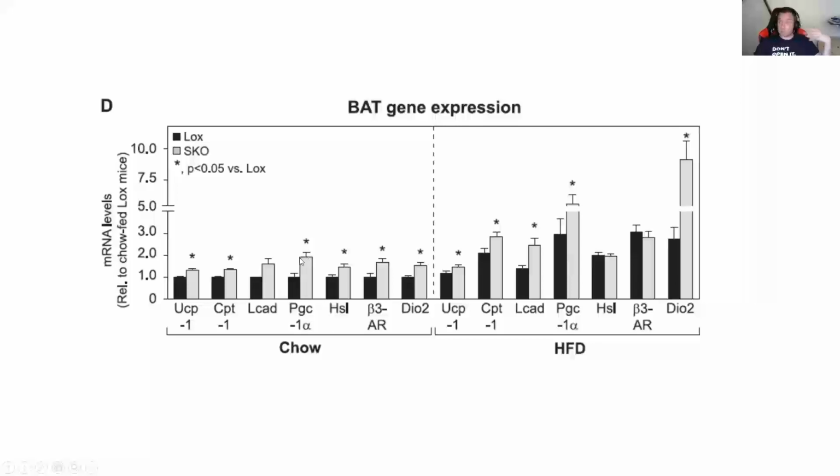Increased PGC, which drives the whole thermogenic program, and increased lipolytic marker HSL, increased beta-adrenergic receptor, which is the receptor that norepinephrine signals through, and also this enzyme deiodinase 2, which converts inactive T4 to active T3 within the cell, and thyroid hormone is a very important regulator of brown fat.